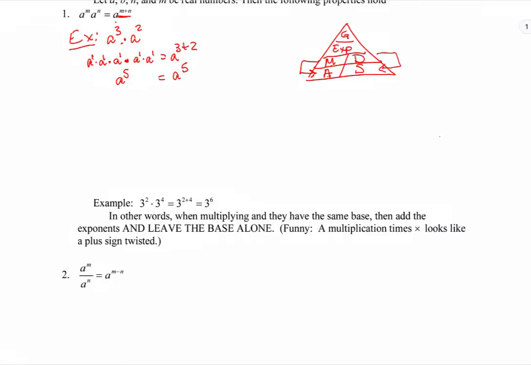So here in my pyramid, it tells me what I do to my exponents: if I'm multiplying, I add; if I divide, I subtract. That is the reason why you have to keep the vertical, and it's so important. Okay? So, notice the pyramid tells us the operation.